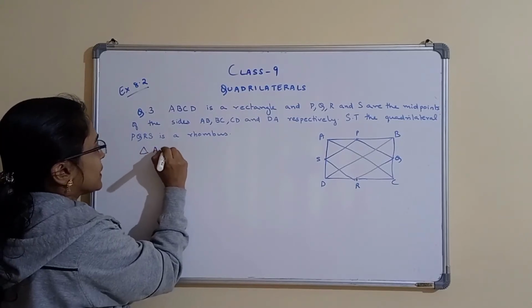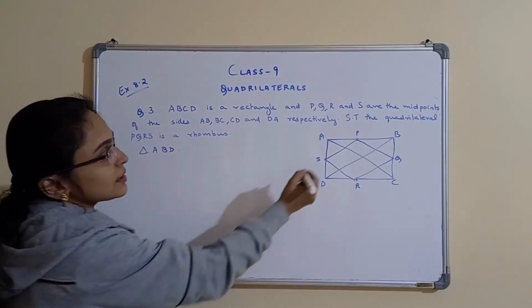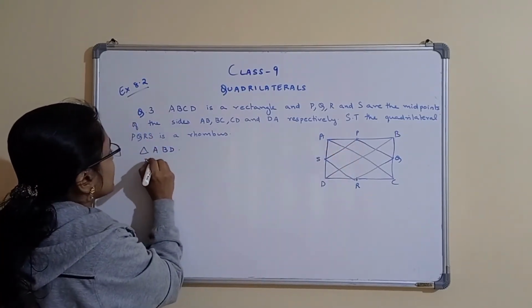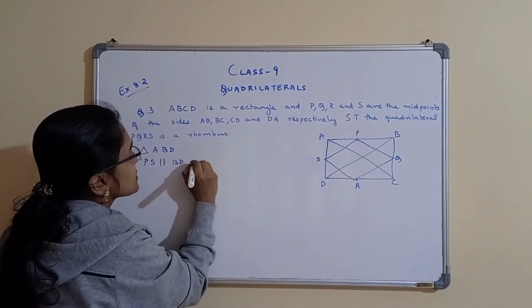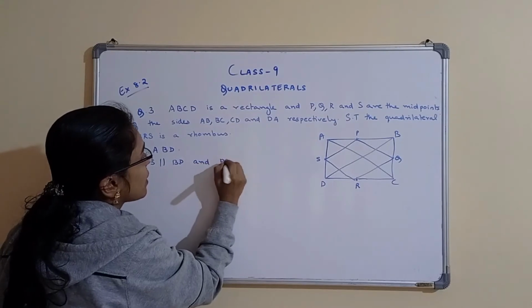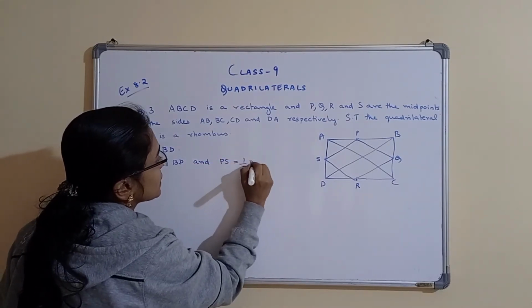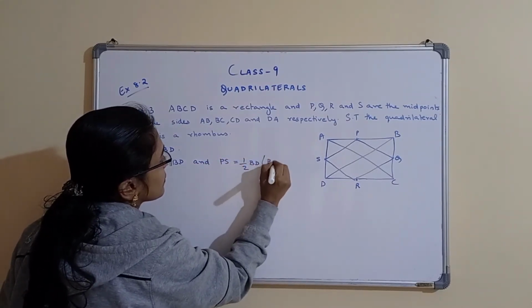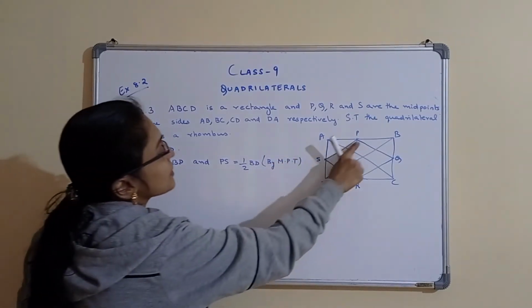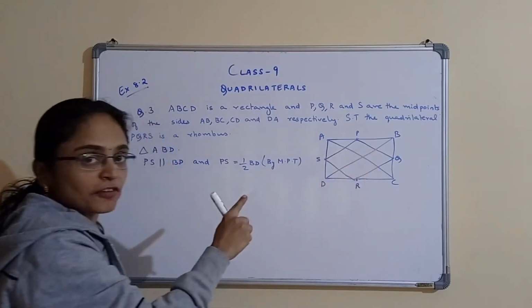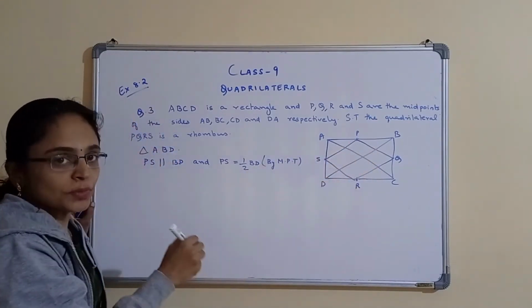Take triangle ABD, and here PS is parallel to BD and PS is equal to half of BD by midpoint theorem. Right? So this PS is equal to half of BD and PS is parallel to BD.